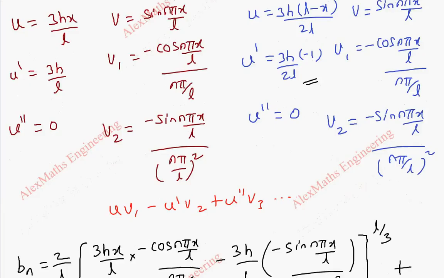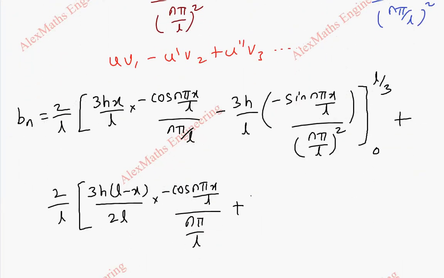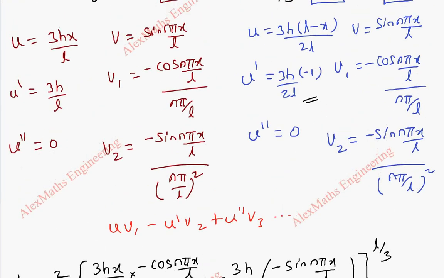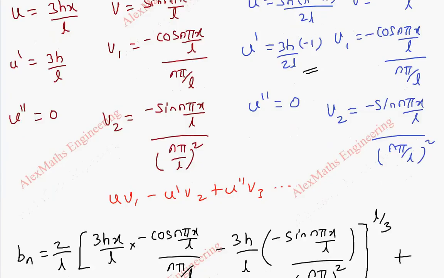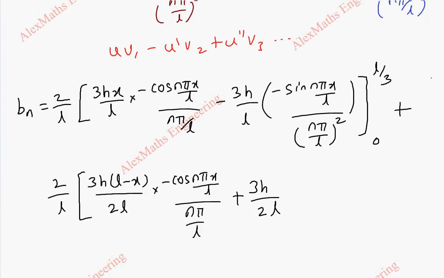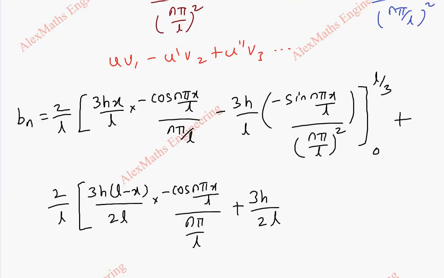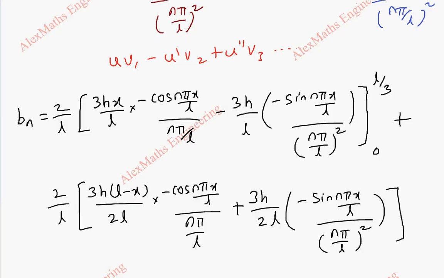So I can make plus 3h by 2L. Then minus cos, V2, which is minus sine. So minus sine n pi x by L by n pi by L whole square. Now we have from L by 3 till L.